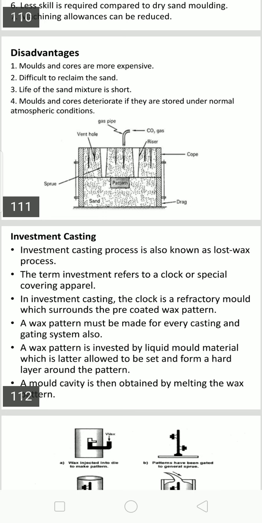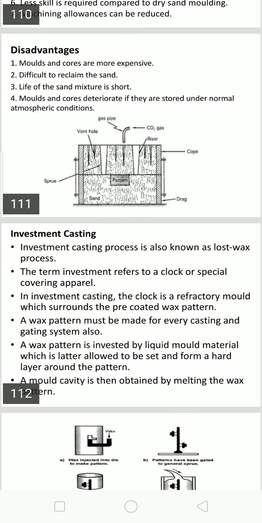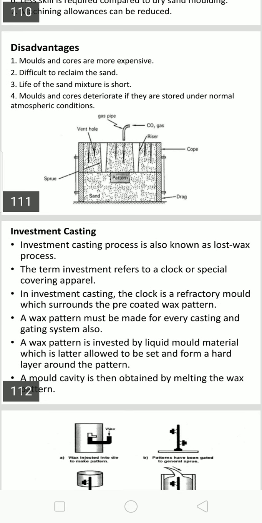This process was extensively used for the production of precision machine parts during World War II. However, the basic principle of this process was discovered and applied thousands of years ago in Egypt, China and many other parts of the world for casting statues and other artistic parts.